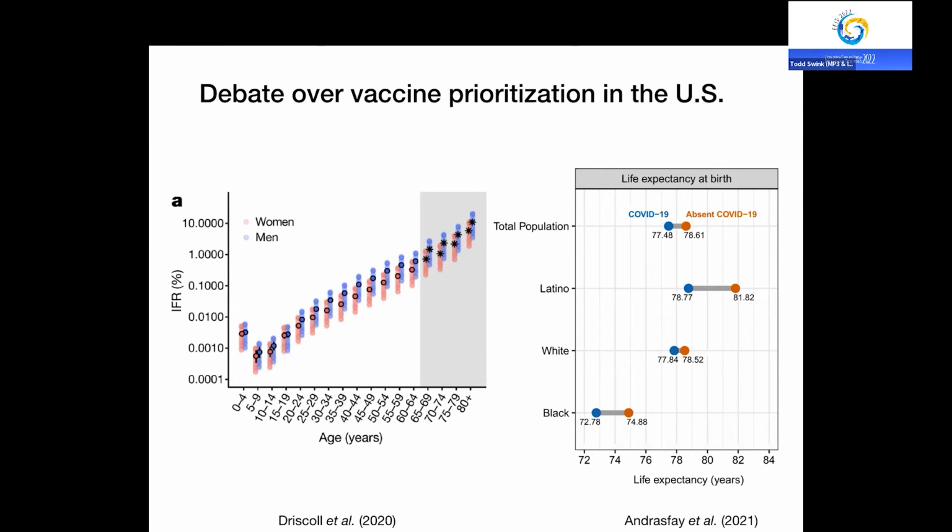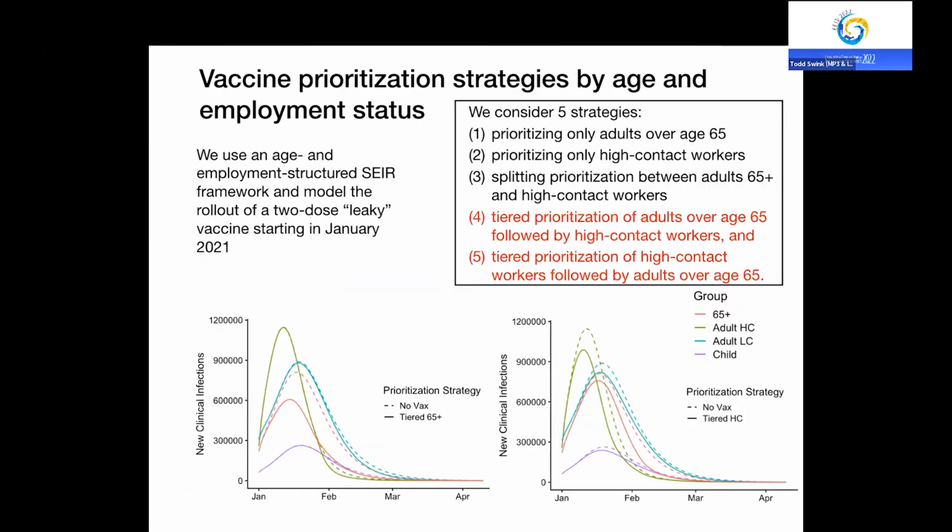And so one of the questions we were interested in is, since we have data on these high contact workers, we wanted to evaluate vaccination strategies by age and employment status. So we consider 5 different strategies. We consider prioritizing adults over age 65, and we consider prioritizing high contact workers.